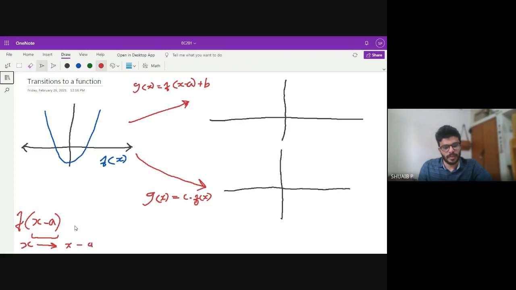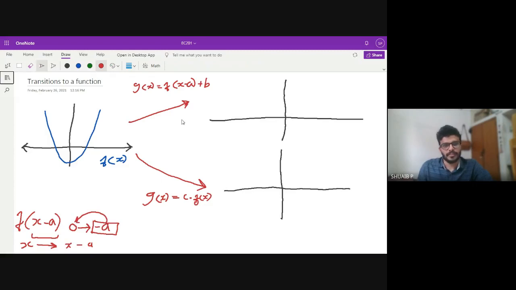So if we consider the origin, 0 will be mapping to minus a. So the image of minus a will be the new image of 0.